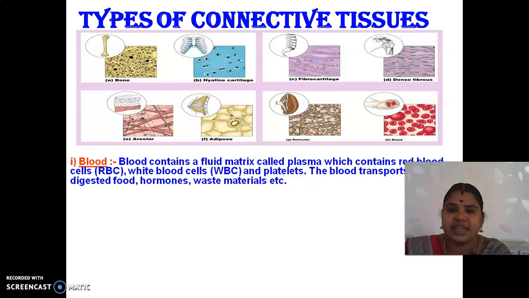So the blood contains a fluid matrix called plasma, which contains red blood corpuscles or RBC, and also white blood corpuscles, WBC, and platelets. The plasma is pale yellow in color, let's say paddy straw. That's the color.